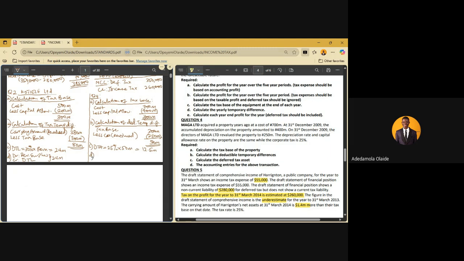Then to state the accounting entries, we debit the deferred tax asset account and credit SOPL with income, because the revaluation deficit would have also been charged to the SOPL. That will be 12.5 million. Do we understand?